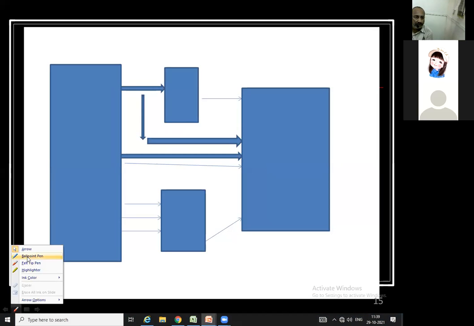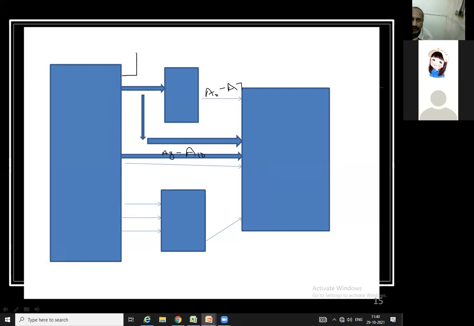If I draw here, this will be A0 to A7 address lines, 8 address lines, and the remaining are A8 to A10. A11, as I told, we are supposed to connect to VCC, so it will be 1. A12 is connected over here, which must be 1 always.